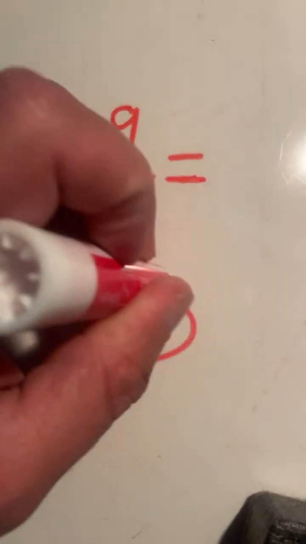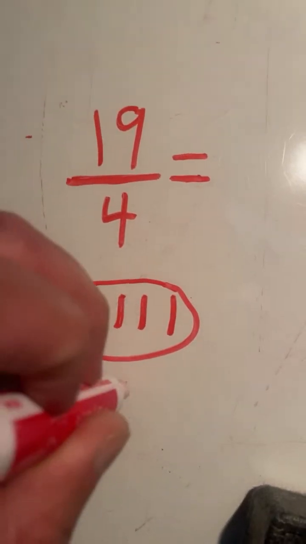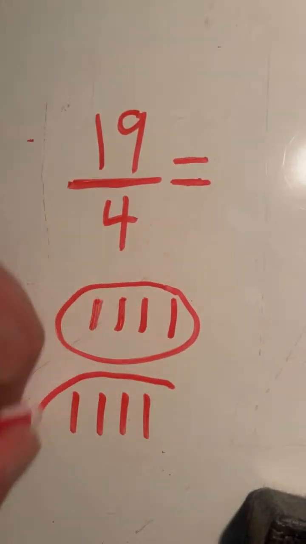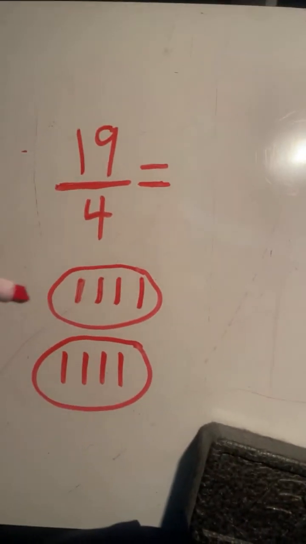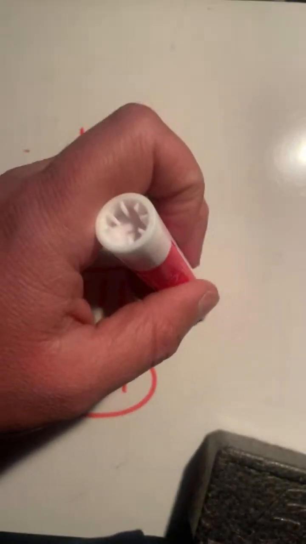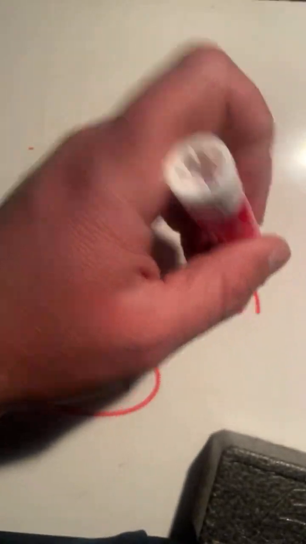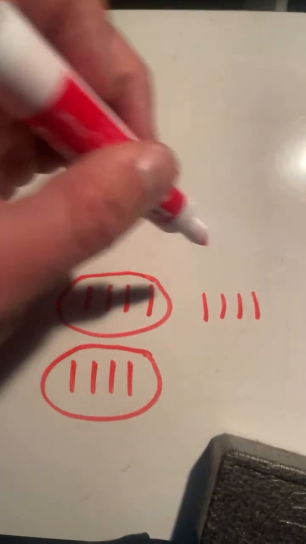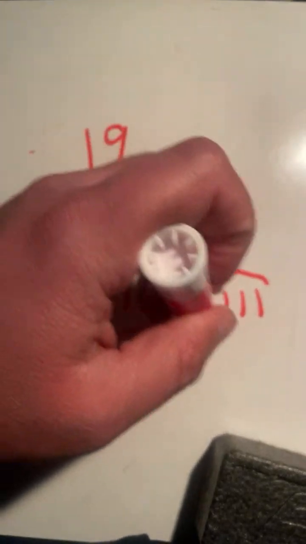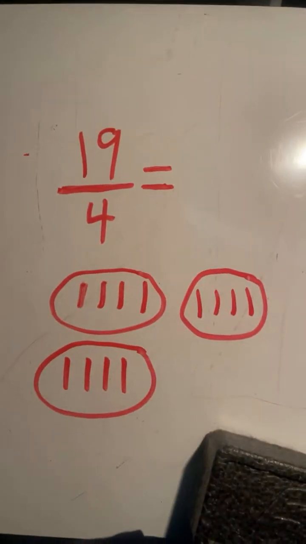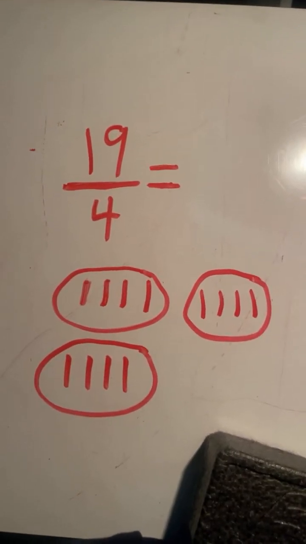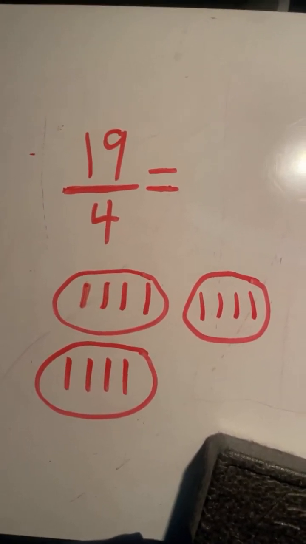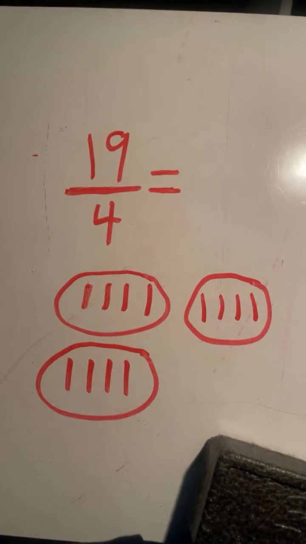That's one row of 4. 5, 6, 7, 8. That is 2 rows of 4. 9, 10, 11, 12. That is 3 groups of 4. I didn't have enough room to do the rows vertically, but so far we have 3 full groups of 4.